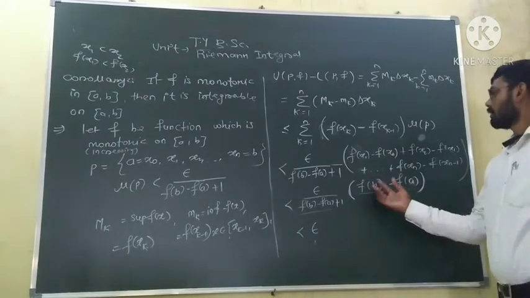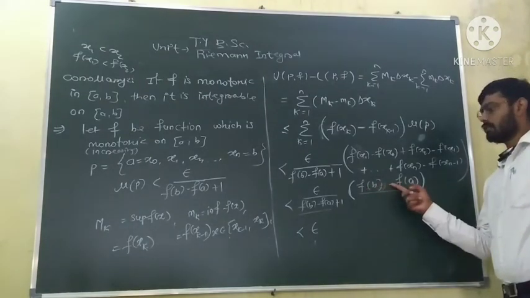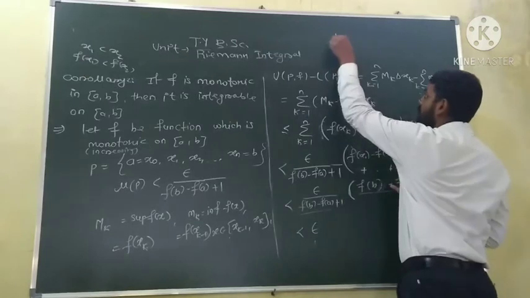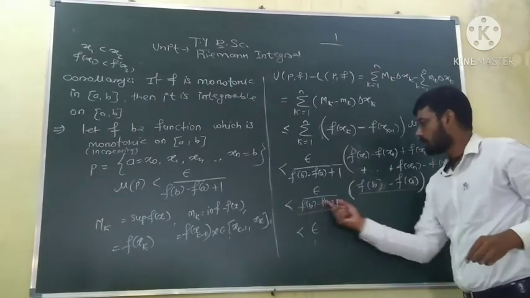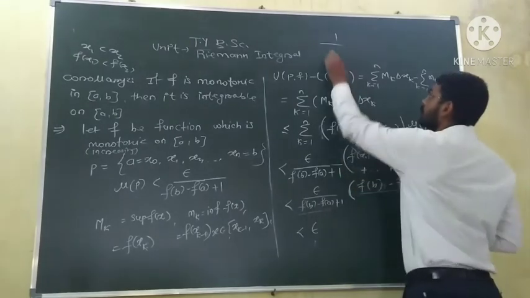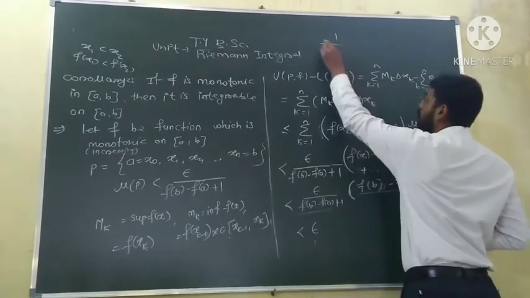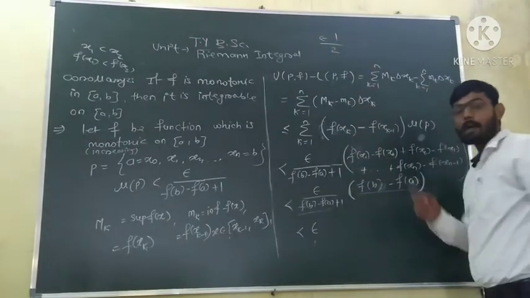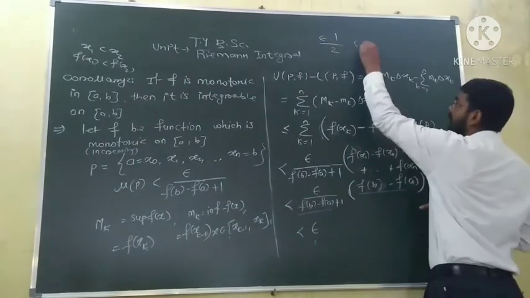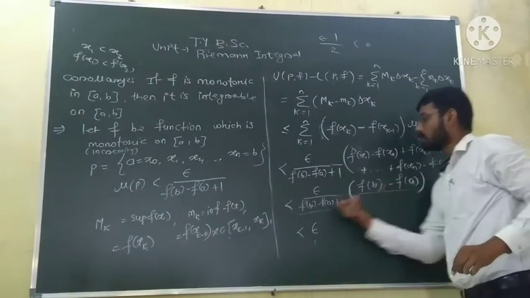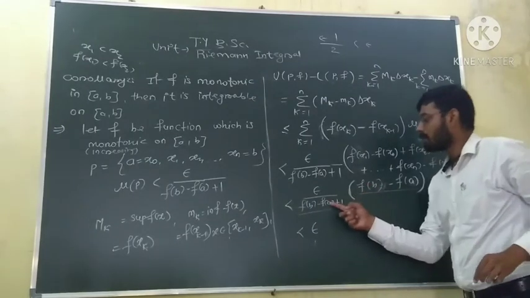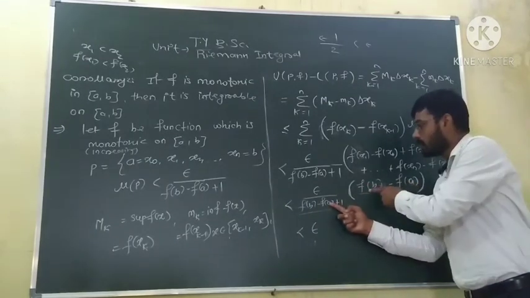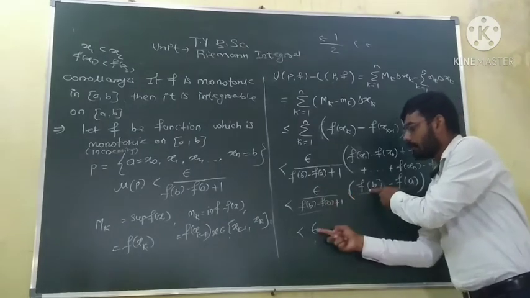See, suppose this value is 1. Then in the numerator there is 1 and in the denominator 1 plus 1, which is 2. So 1 by 2 into epsilon is half epsilon, which is less than epsilon. The values are the same but an extra 1 is added, so the fraction becomes less than 1, and 1 into epsilon is less than epsilon.